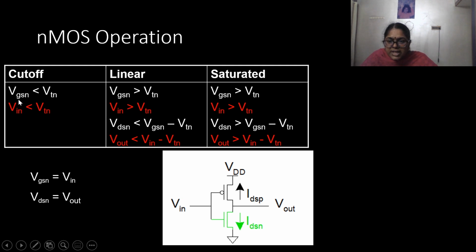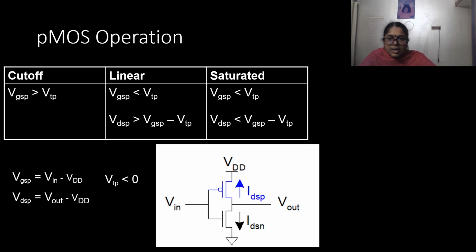In place of VGS, we have replaced it with Vin, and VDS with Vout, so that we get these expressions. So Vin less than VTN, the transistor is off. Vin greater than VTN, the transistor is on. Vout less than Vin minus VTN, the transistor is in the linear region. Vout greater than Vin minus VTN, the transistor is in the saturation region.